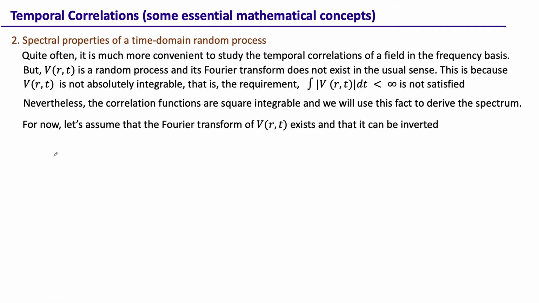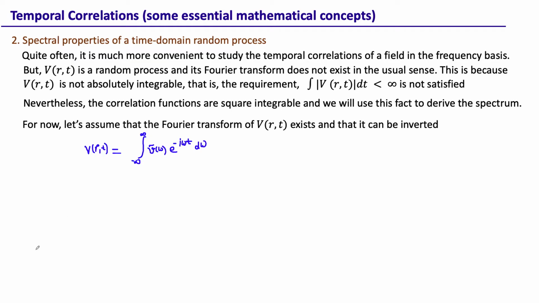So, we write the field V(r,t) as a Fourier transformation, and as we had seen, we write the frequency domain signal V tilde (r, omega), and then the Fourier modes e to the i omega t, and then integrate it over omega from negative infinity to infinity.